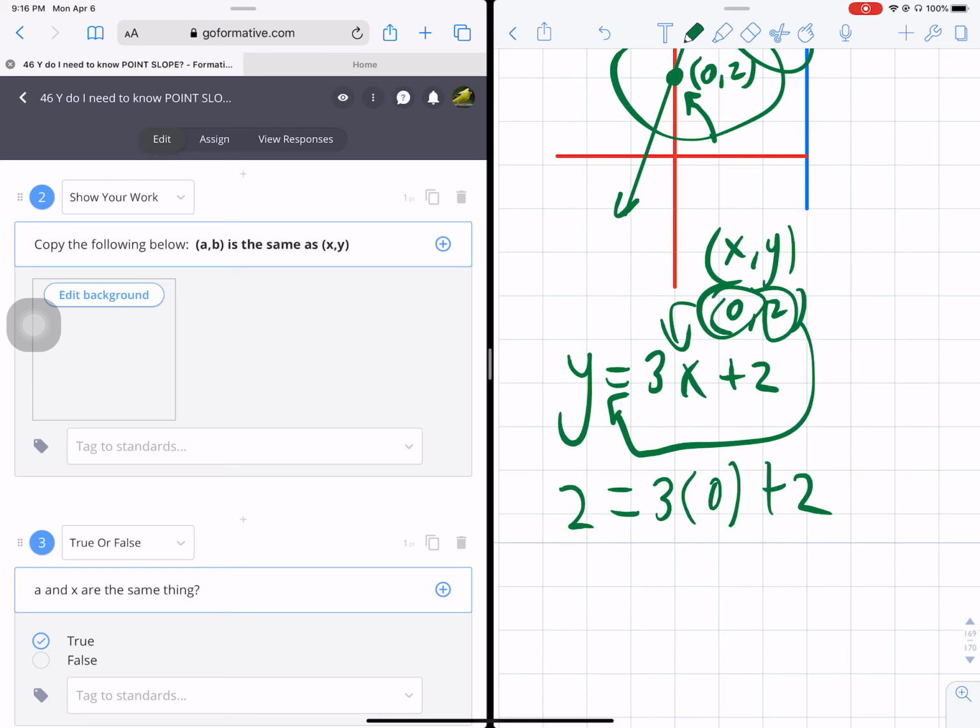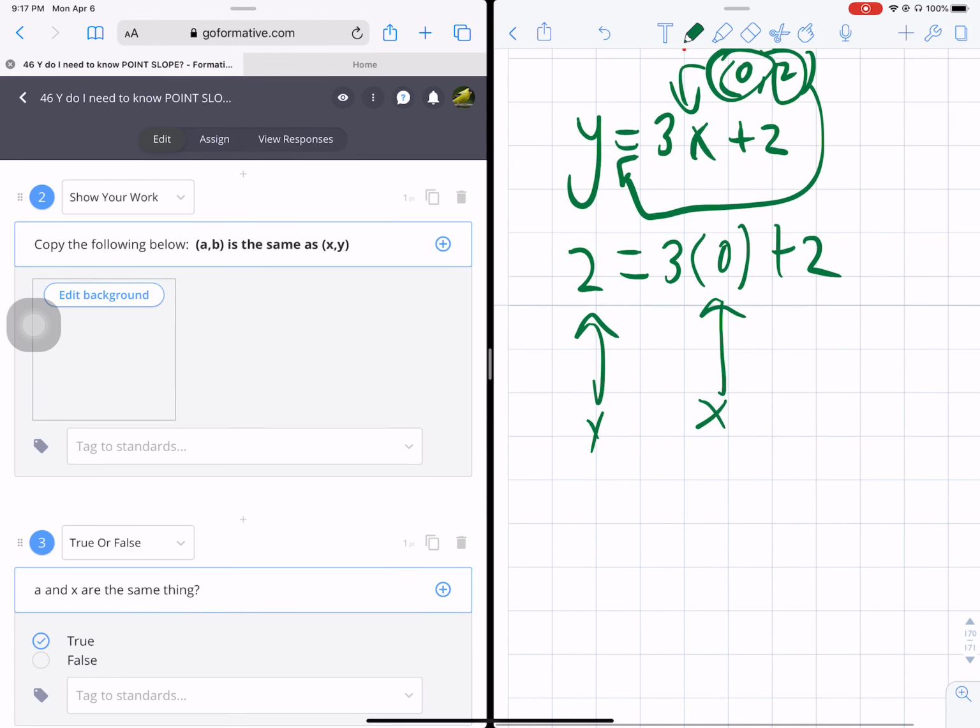And all I've done is insert the actual coordinate. There's my x, there's my y. And if the statement is true, then 0 comma 2 does fit in that equation on that line. So 3 times 0 is 0. So I end up with 2 equals 2.